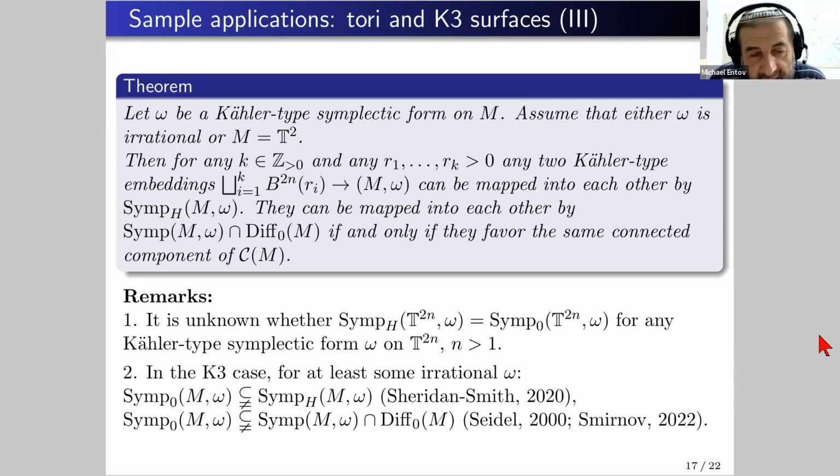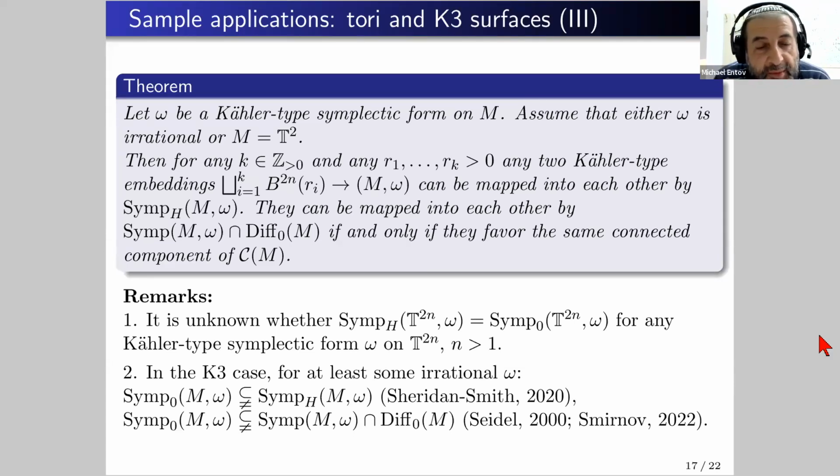That's due to Sheridan and Smith. It's known also for possibly some other rational omega that Symp_0 is not the intersection of Symp with Diff_0.